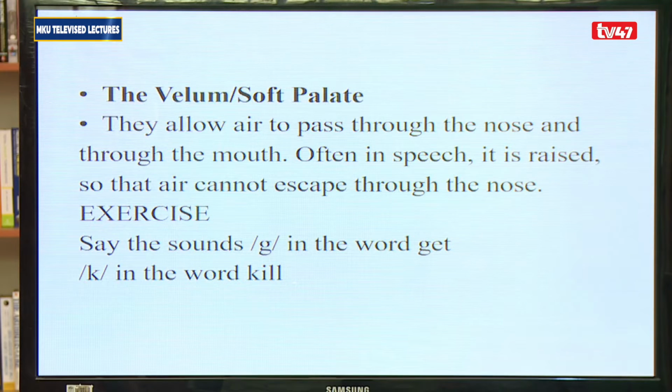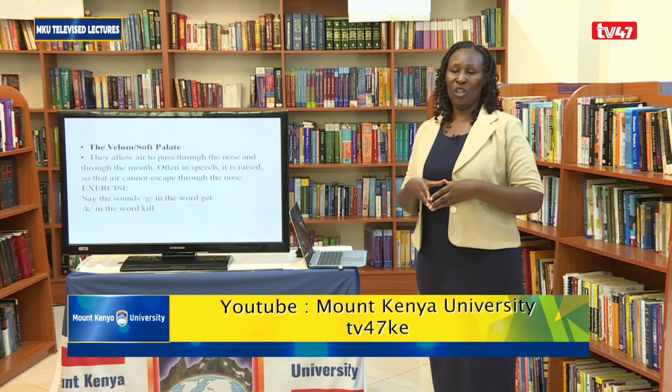Let's look at this small exercise. Let's look at the sound G and say the word get. Get. Get. The other sound is K. Let's say the word kill. Kill.